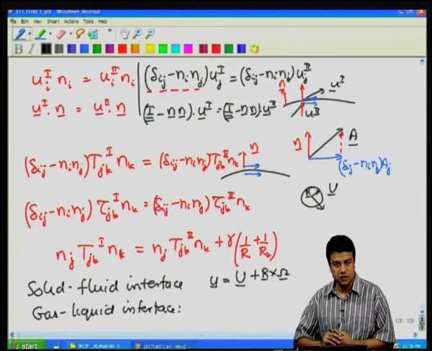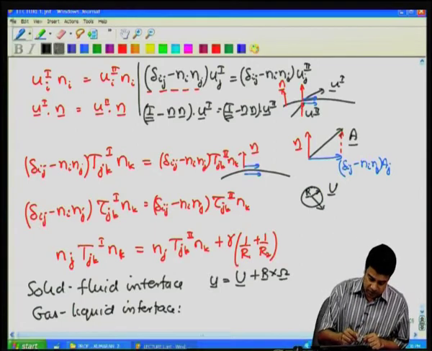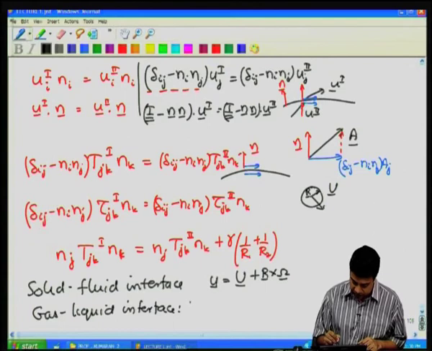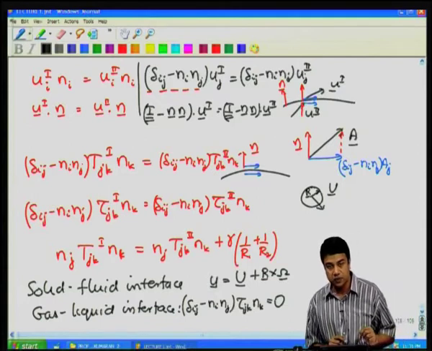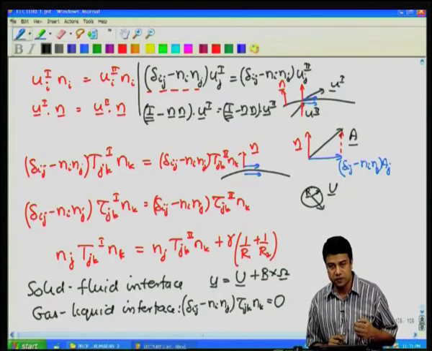So, what you do is set the tangential stress in the liquid equal to 0 at the liquid-gas interface. For the shear stress, you would impose the condition that (δ_ij − n_i n_j) τ_jk n_k is equal to 0 for the liquid, because the gas has a negligible viscosity. So, it is exerting a negligible shear stress.